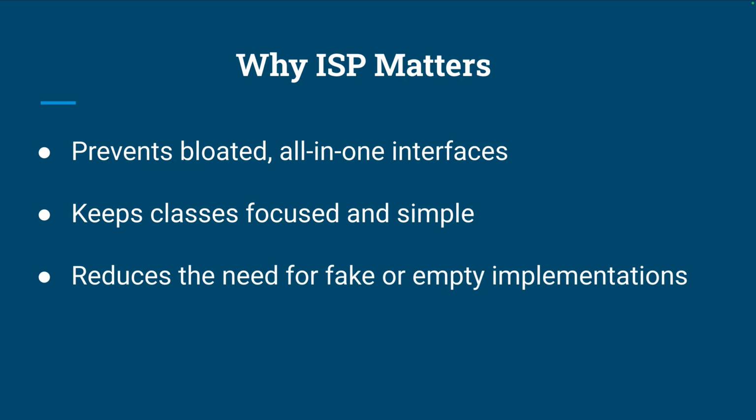And finally, it saves you from writing those awkward fake methods. You've probably done this before. You had to implement some function just to satisfy an interface, but you end up leaving it empty or worse, throwing a not implemented error. ISP helps you design smarter interfaces so your classes never have to pretend.